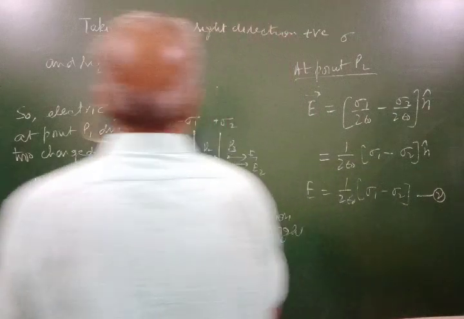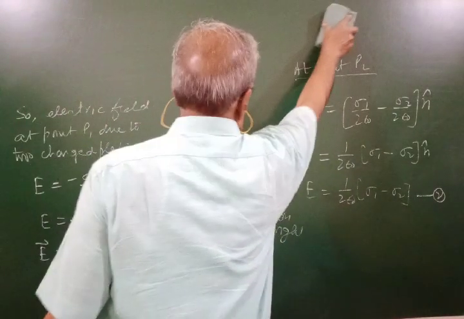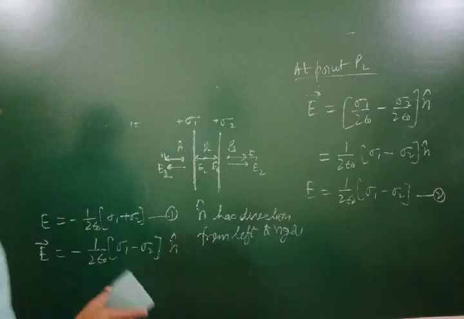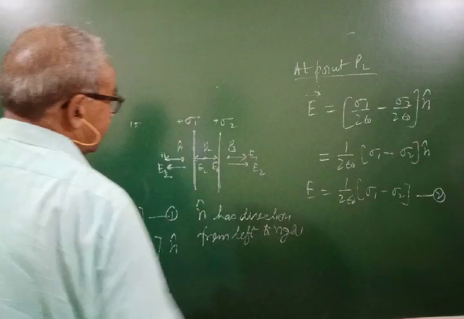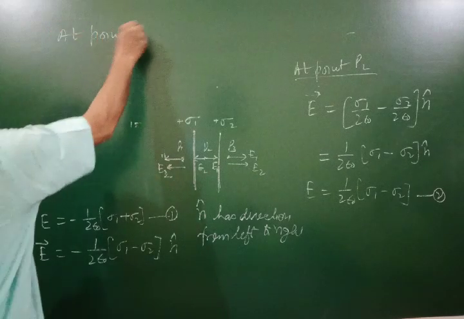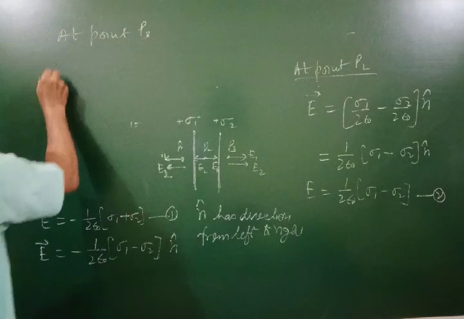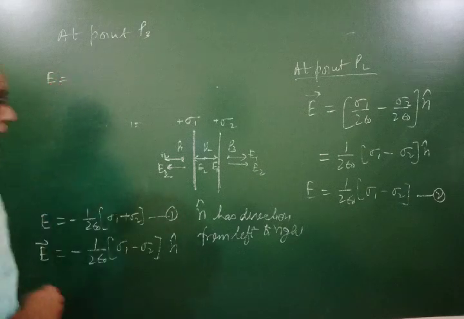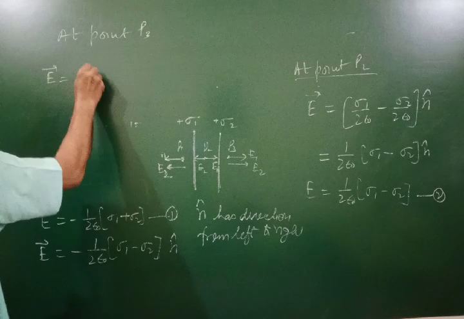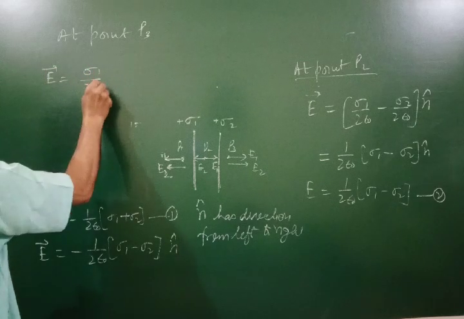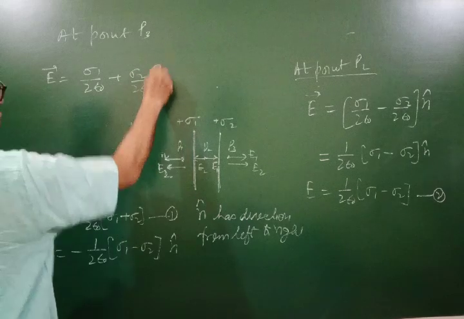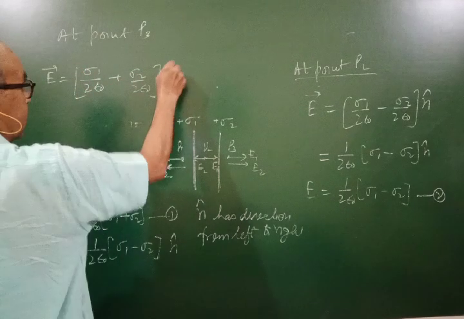Now at point P3, both the fields due to the two sheets are from left to right. So at point P3, E is equal to, in vector form, sigma 1 upon 2 epsilon 0 plus sigma 2 upon 2 epsilon 0 n cap.